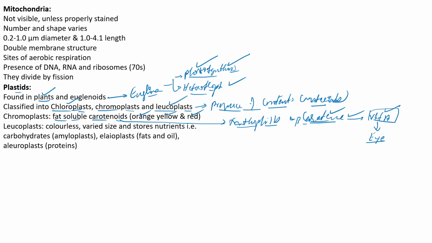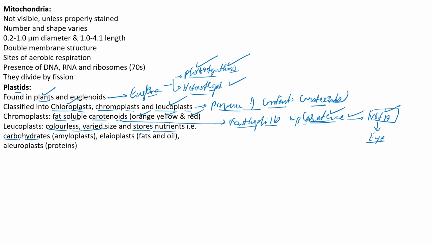The leucoplasts are mainly colorless in nature, and their sizes vary. You don't find any uniform size of leucoplasts, and their main function is storing nutrients. If you ask what kind of nutrients they store, the first one is carbohydrates. What kind of carbohydrate?